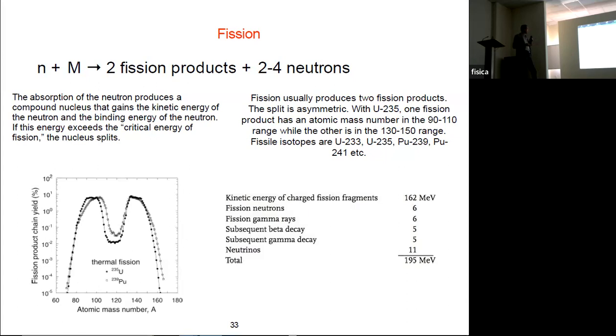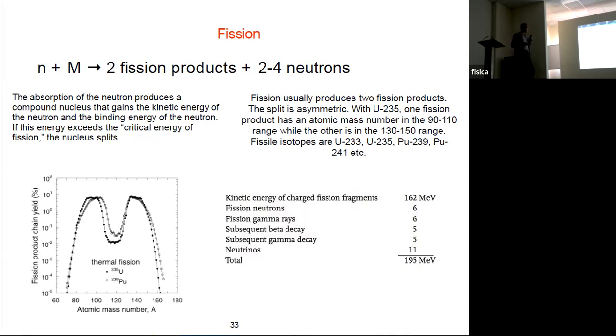These materials, which tend to capture neutrons and produce more neutrons and fission fragments, are called fissile materials. The right examples are these isotopes, which are uranium-235, plutonium, and so on.